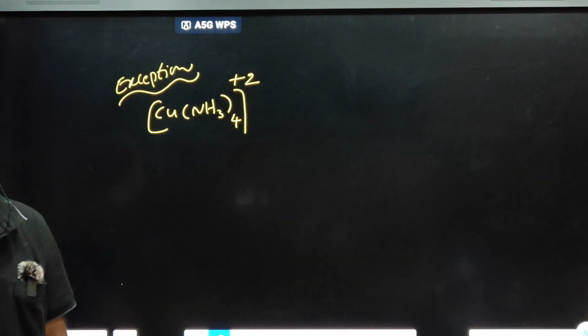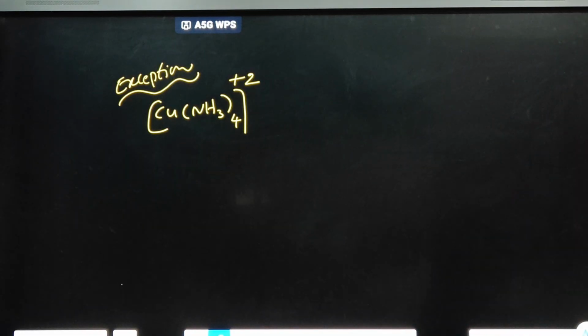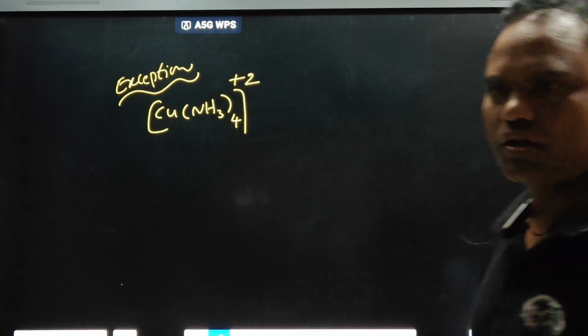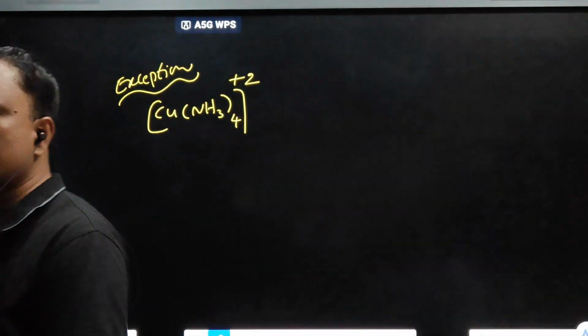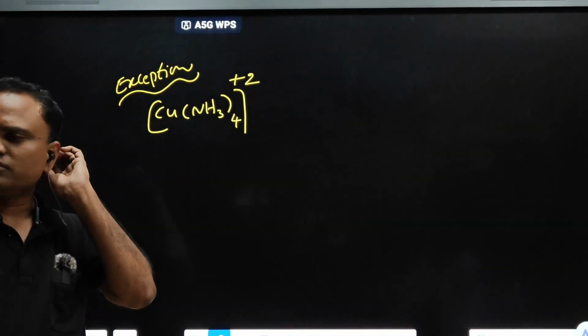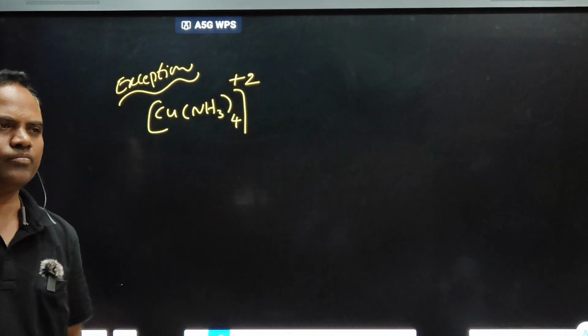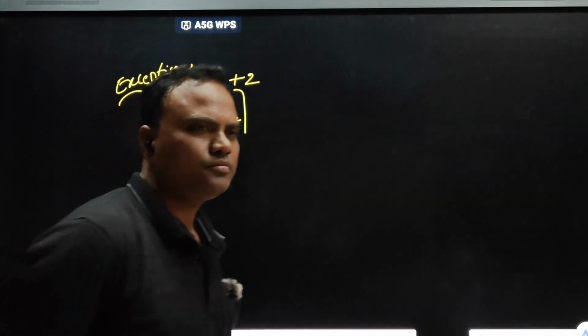Right, copper configuration. Aisha, Sweta, what is copper configuration? General copper: argon 4s1 or 10? 4s1 3d10 copper. Anomalous configuration or not?